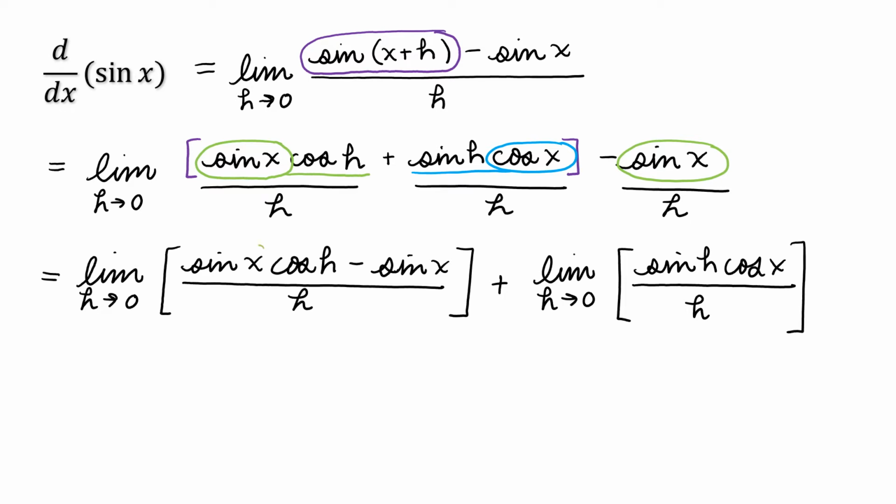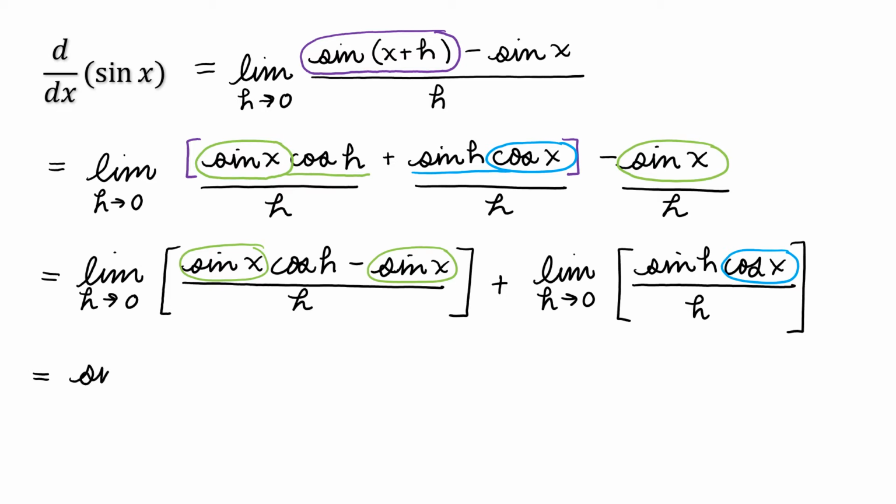So we took our terms with our sine of x's, and we took our term with our cosine of x. And now, because the sine of x and cosine of x will not be impacted as the limit of h approaches 0, we can factor those out because they're just not impacted by that h.